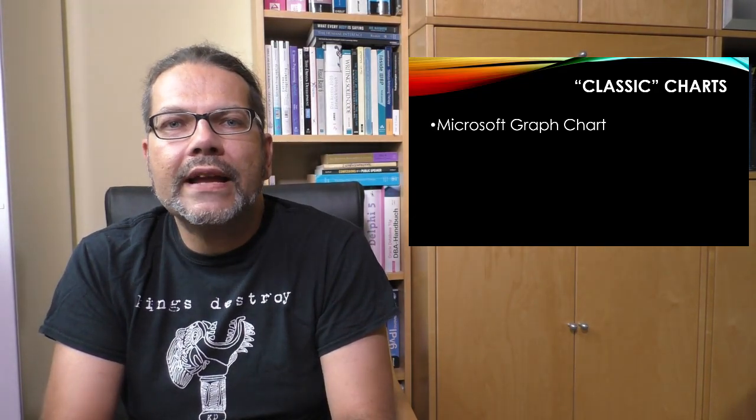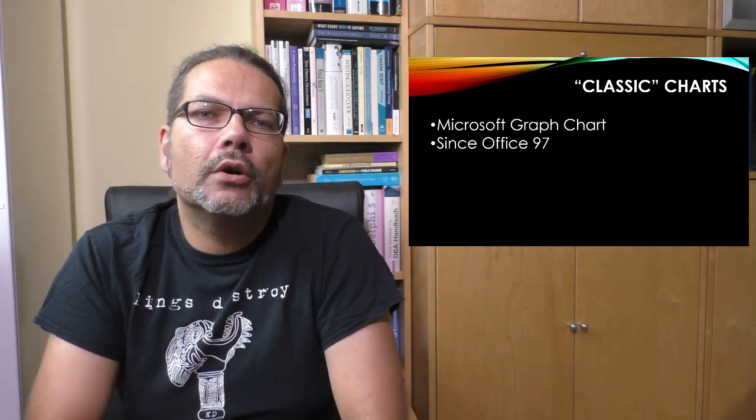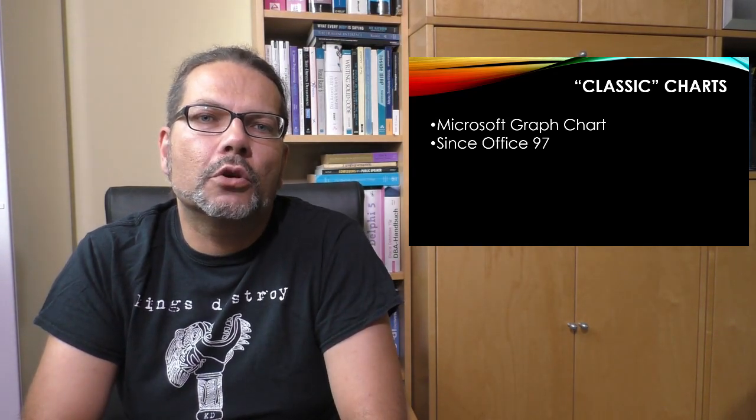Before we look at the modern charts, maybe a short recap about the classic charts in Microsoft Access, because this is not something entirely new. There was the Microsoft Graph chart control available in Office 97. That's more than 20 years ago. That version of Office already came with a chart control.